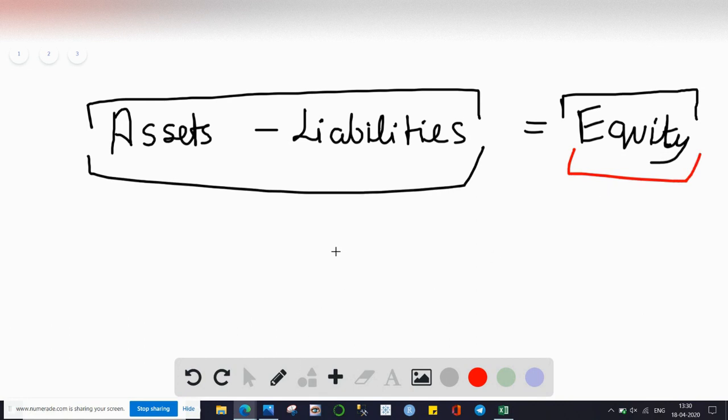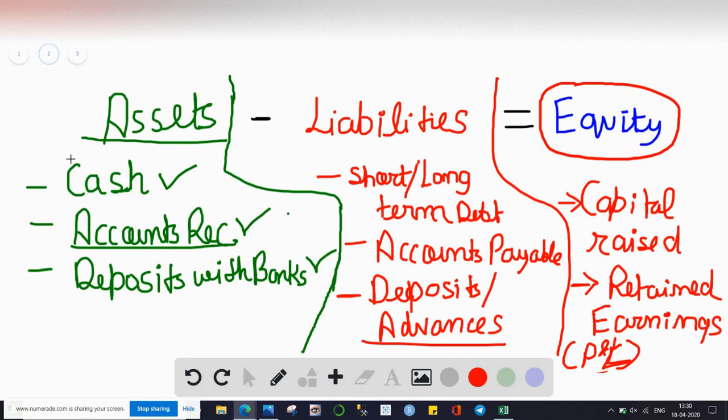Now if the current month utility bill is paid, first of all, if we are paying something, we will be reducing the cash from our assets, as we have seen in the previous example. So the cash will be deducted in this case. Why? Because we are paying someone.